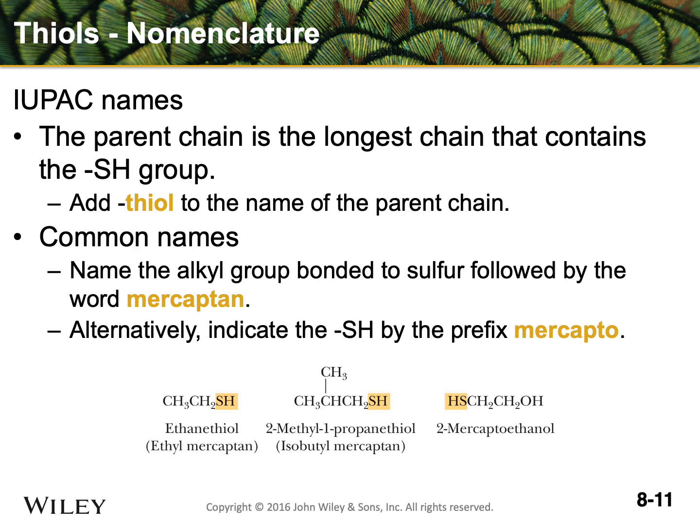In the next system here, the longest carbon chain is propane, and therefore we have a thiol group at the end, but we also have a substituent of methyl group, and that's on the number 2 carbon, so we call it 2-methyl-1-propanethiol. Now in the case of the last one here, the alcohol takes precedence, and therefore it is the parent chain of ethanol, and therefore we give the SH group the designation as a substituent, and we call it 2-mercaptoethanol.